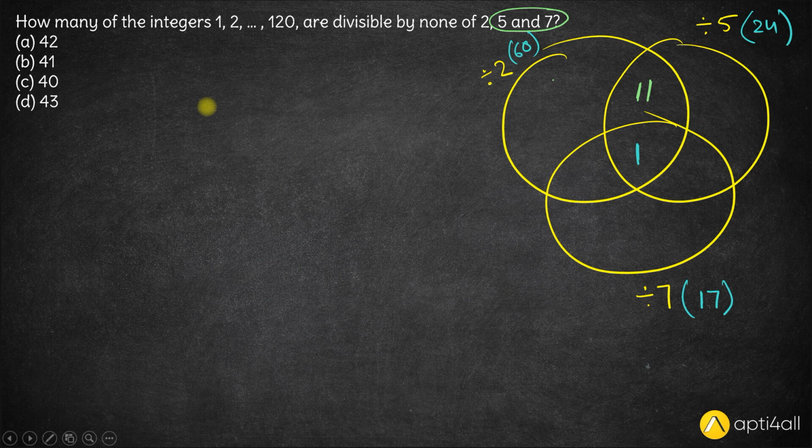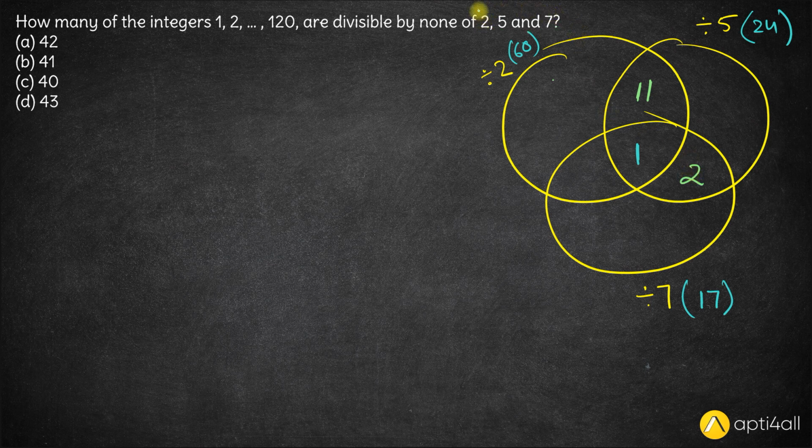There are three numbers divisible by 35: 35 into 1, 35 into 2 and 35 into 3. These are the three numbers divisible by both 5 and 7. One of them is divisible by 2, so 2 of them will be divisible by only 5 and 7 and not 2.